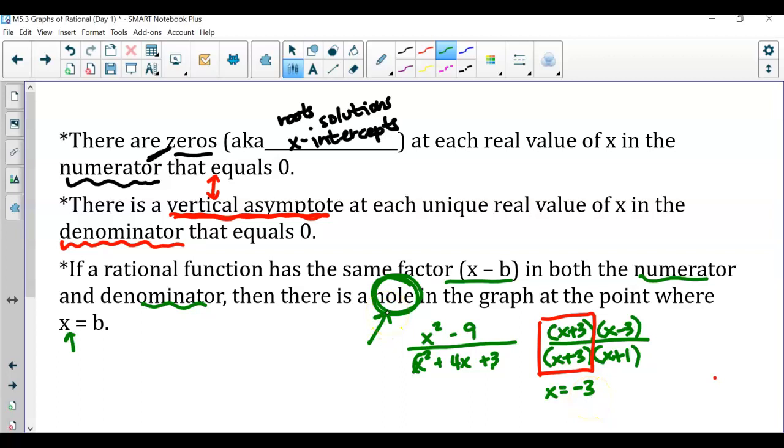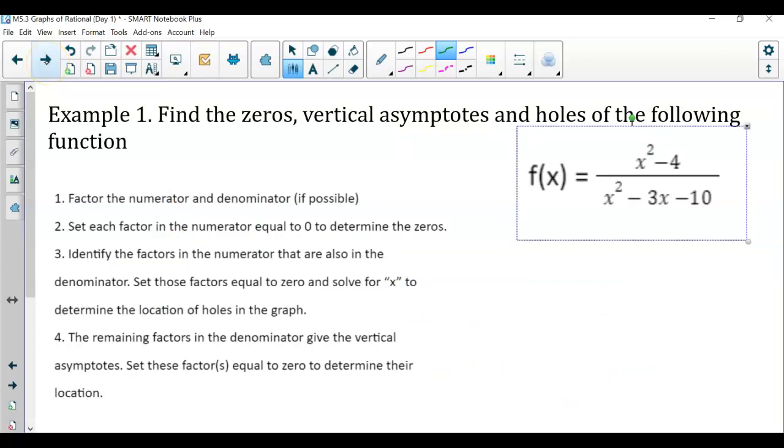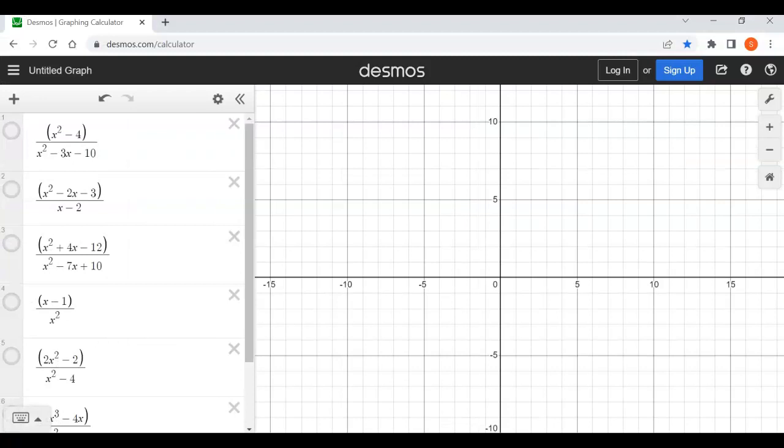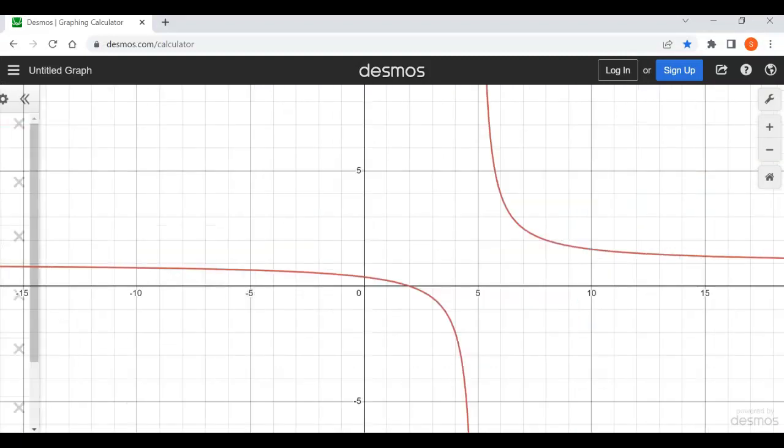So what do we mean by all of these? What does this look like in a graph? I graphed this first example to show you this function and what it looks like. So here, that first function looks like this.